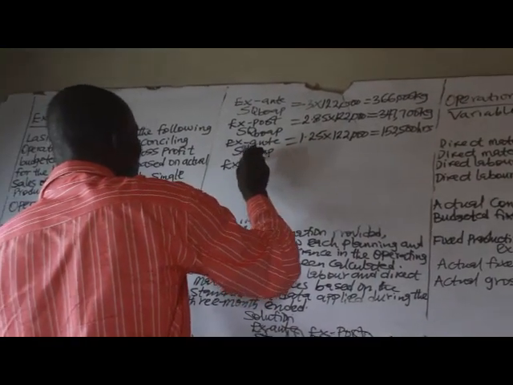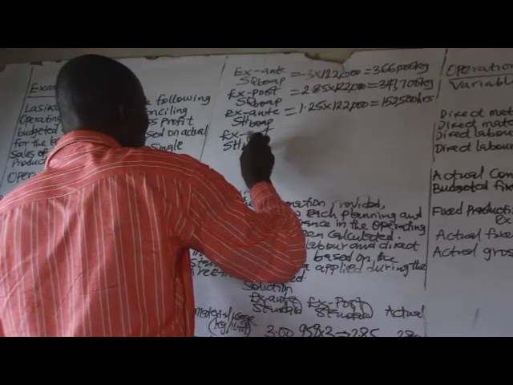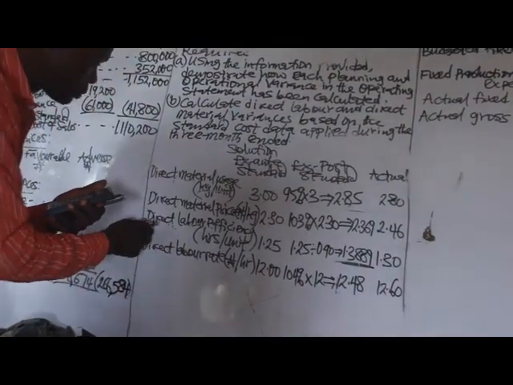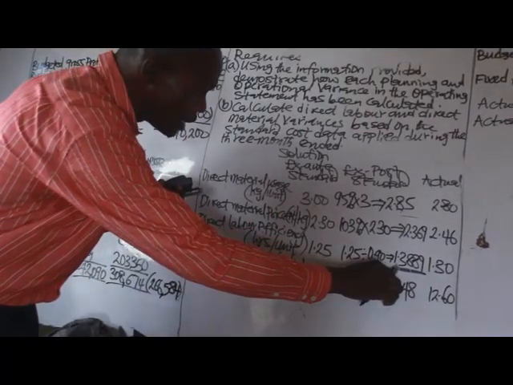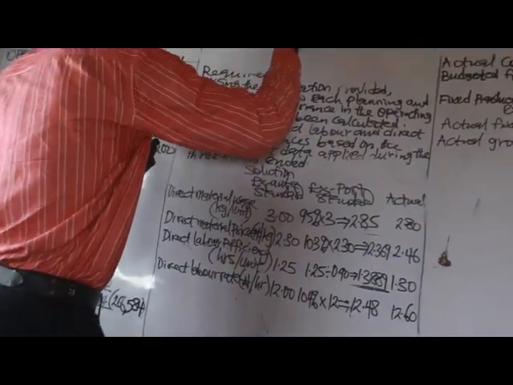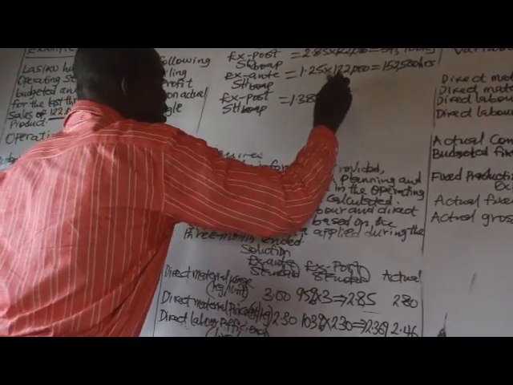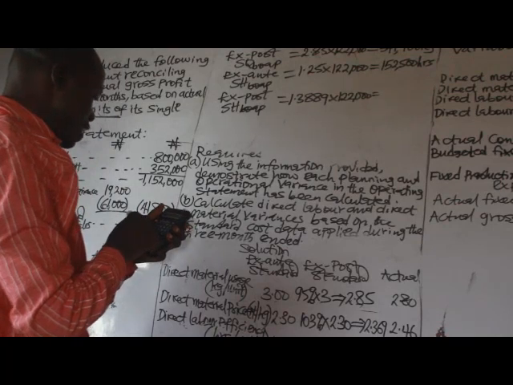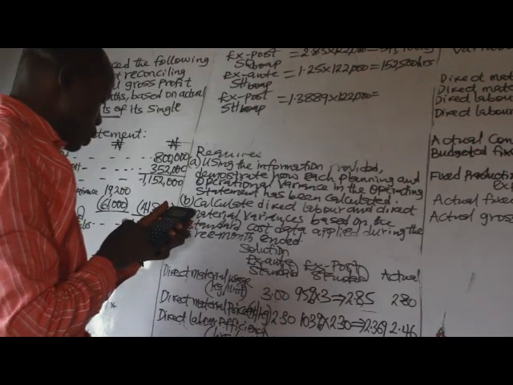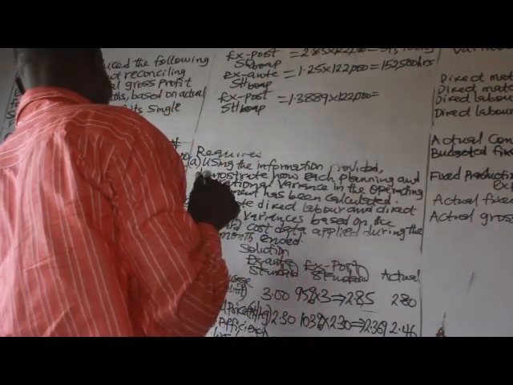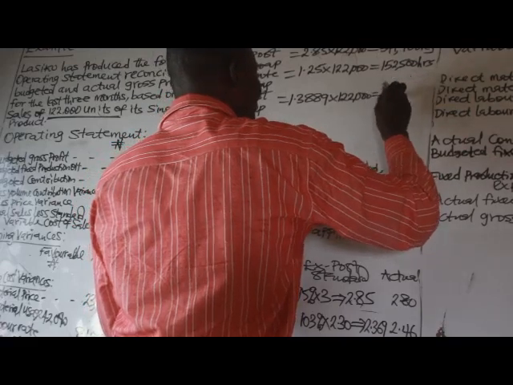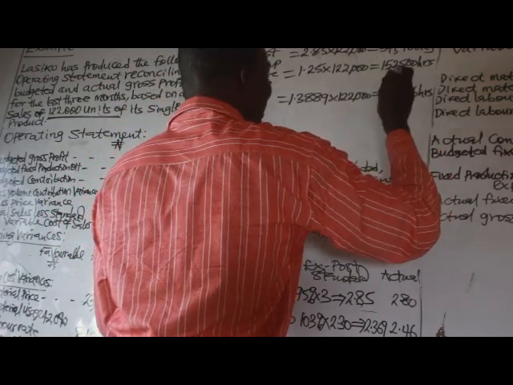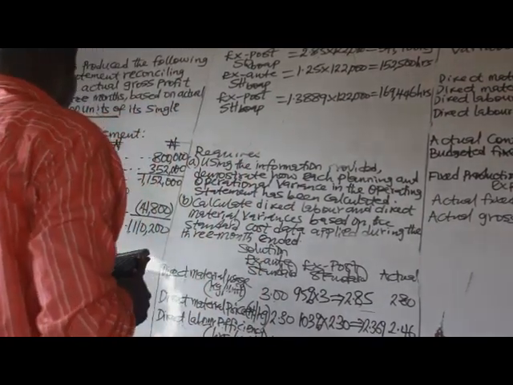Ex post standard hours based on actual production, direct labor efficiency, ex post is 1.3889. 1.3889 times 122,000 gives us 169,446 hours.